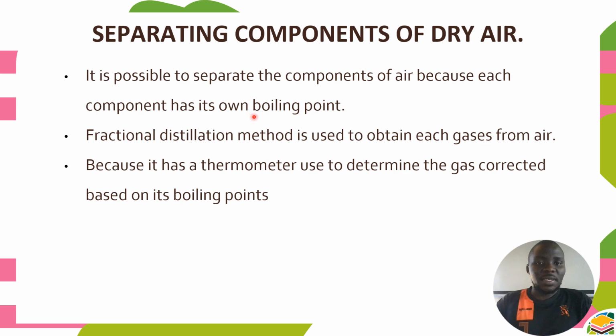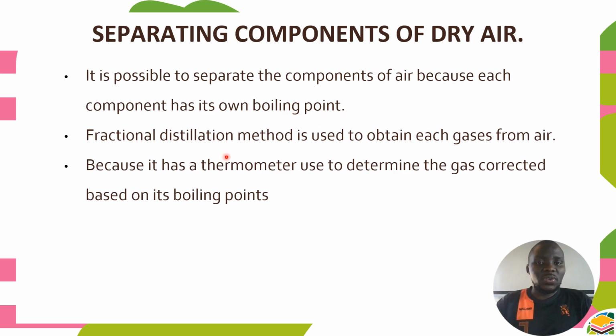We are saying that it is possible to get each gas from air because of this factor, boiling point. It means that despite all of them being mixed together, they have different boiling points, so we can obtain each gas present in air based on their boiling point. As we go along, we'll be able to look at how we can get each component.